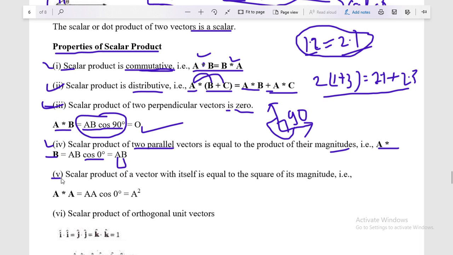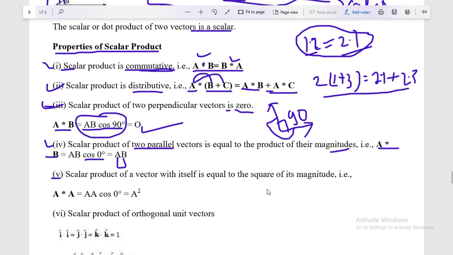Next, fifth: the scalar product of a vector with itself is equal to the square of its magnitude. Let me repeat this statement. The scalar product of a vector with itself is equal to the square of its magnitude.